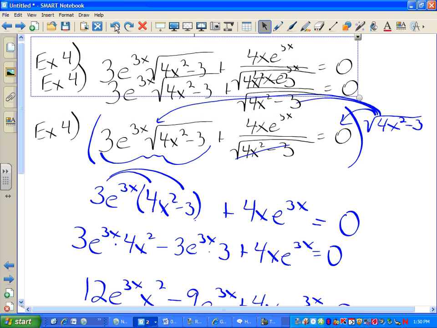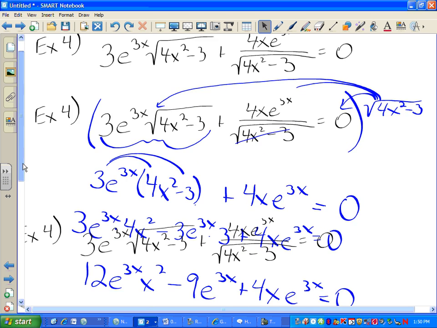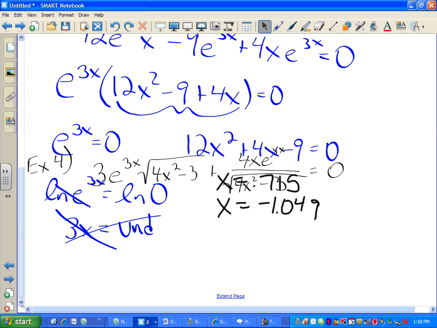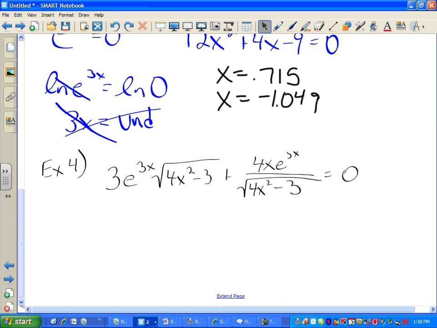Let's pull this down to the bottom. We're looking for our excluded value now. We know that the argument under the square root, the 4x squared minus 3, we don't want that to be negative because we don't know how to take the square root of a negative.